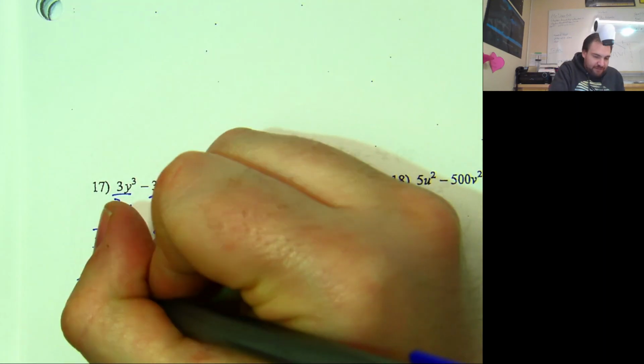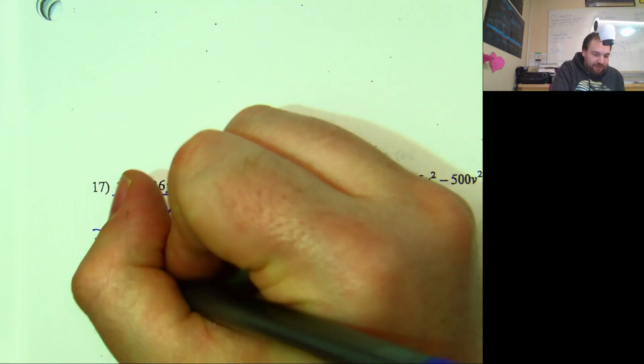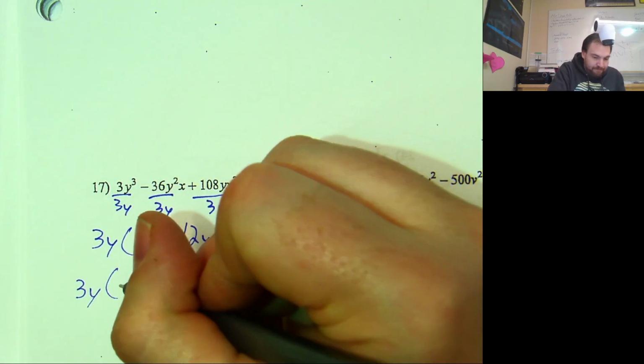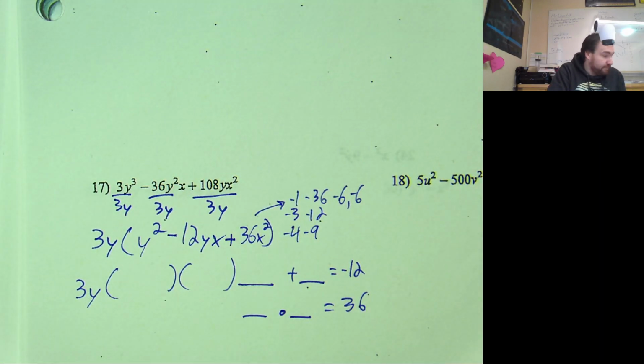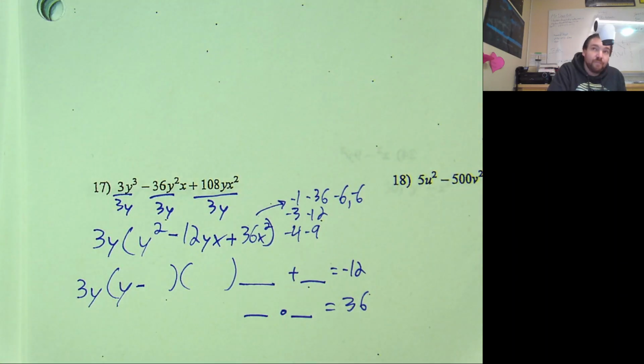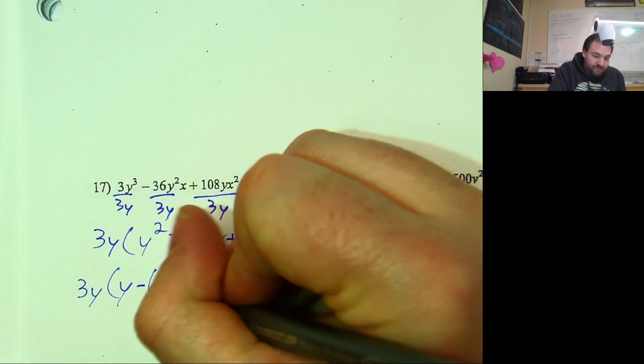So then your final answer is going to be 3y, the GCF comes down, bracket, bracket, bracket, bracket. What's it going to look like? y minus 6x, good.